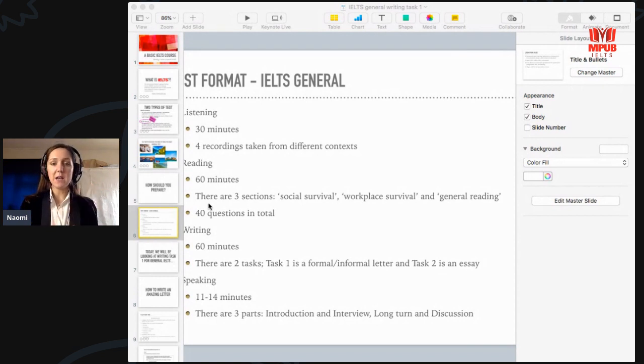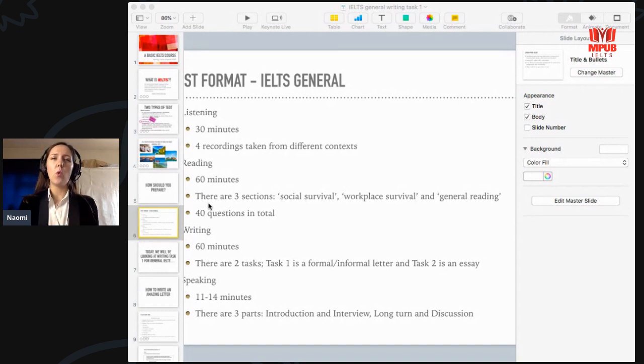Now we have semi-formal: complaining to a landlord, explaining to a neighbour, or asking a professor for permission. Then informal: inviting someone you know well, thanking a friend, apologising, or asking for advice.